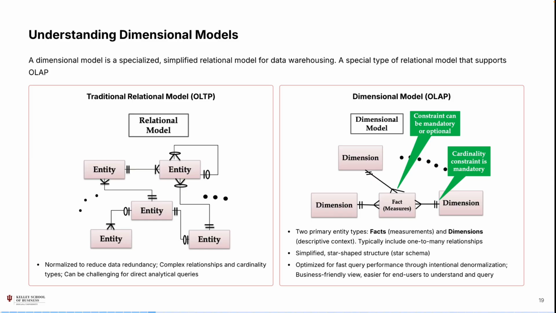The dimensional model, OLAP, simplifies everything into two primary entity types, facts and dimensions. Facts here are the measurements, and dimensions are the descriptive context. It uses a simplified star-shaped structure, also called a star schema, and it is intentionally denormalized for lightning-fast analytical query performance.